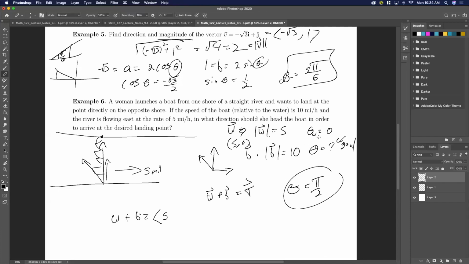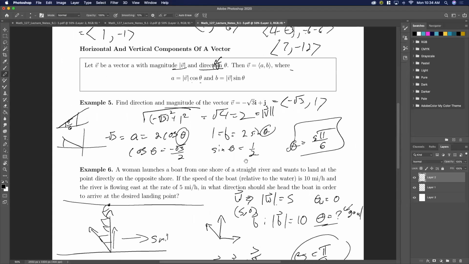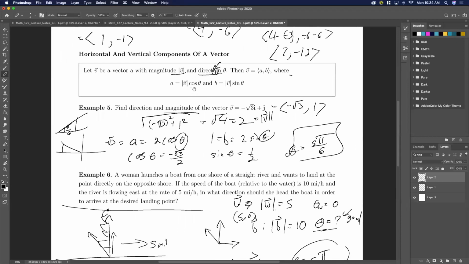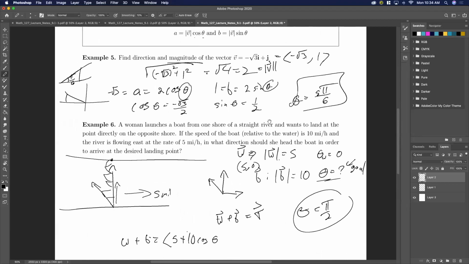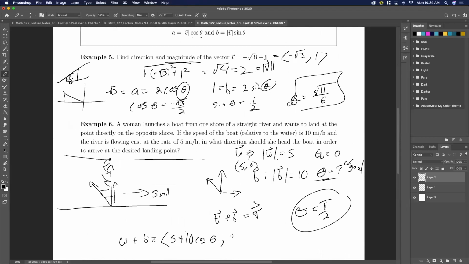So 5 plus 10 times the cosine of the angle I'm looking for, right? Because remember, this is 10 times the cosine of the angle I'm looking for, comma, plus b.